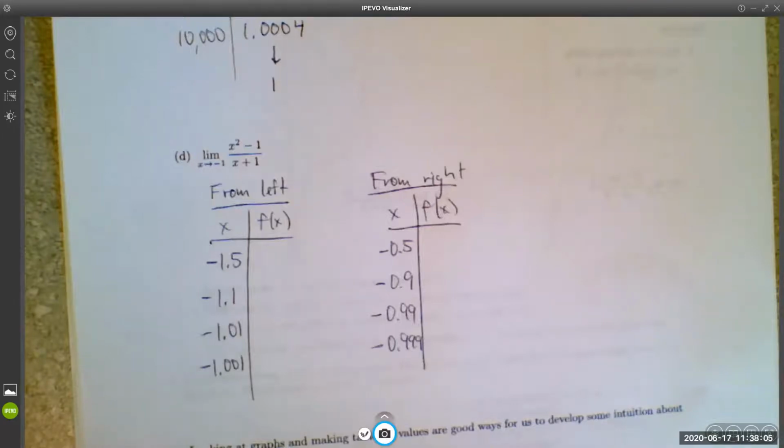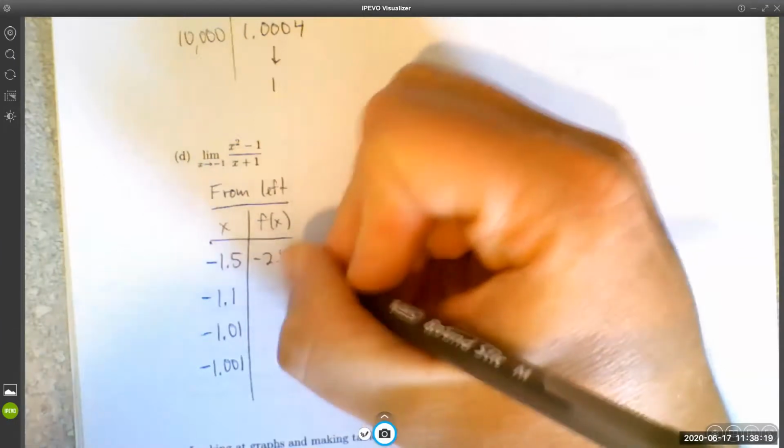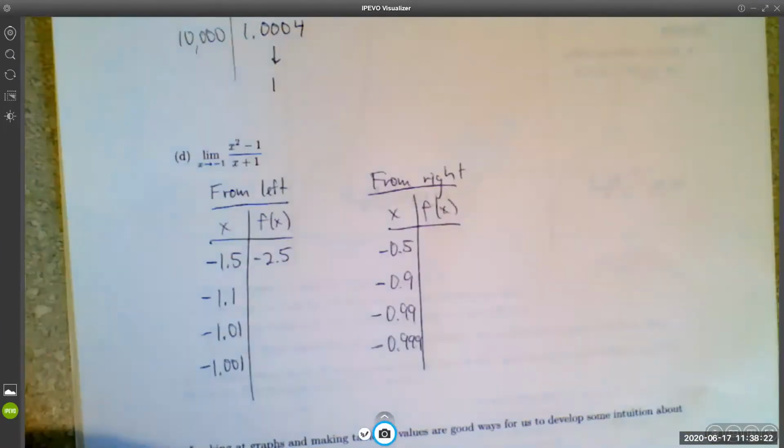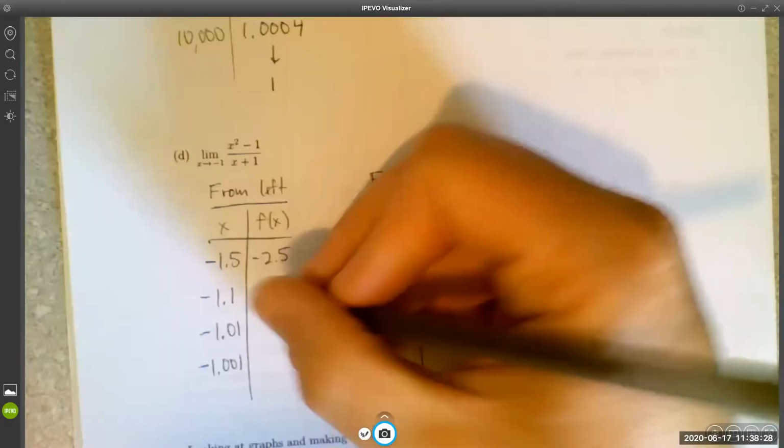Okay, so I'm going to do negative 1.5 squared minus 1 over negative 1.5 plus 1. Again, remember to use parentheses appropriately, but you get negative 2.5 here. If we replace that with negative 1.1, we get negative 2.1.